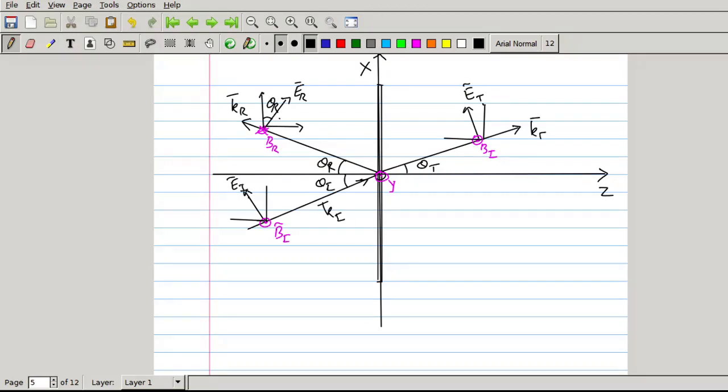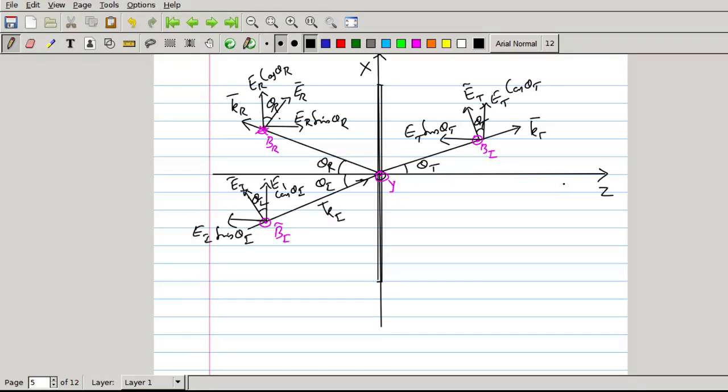So this will be theta R, and this component will be ER cos theta R, and this component will be ER sin theta R. Now take this component: this angle will be theta I, then the component along this direction will be EI cos theta I, and this component will be EI sin theta I. Here this angle will be theta transmitted, so this will be ET cos theta T, and this one will be ET sin theta T.